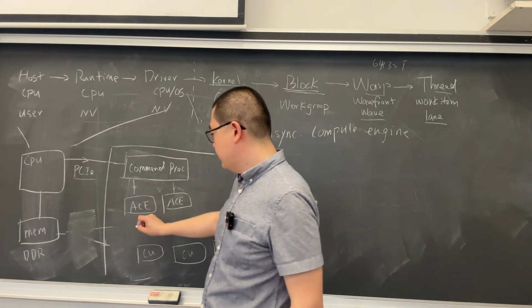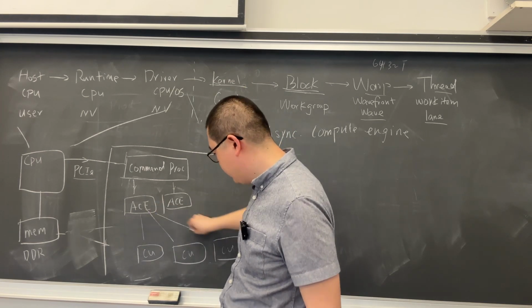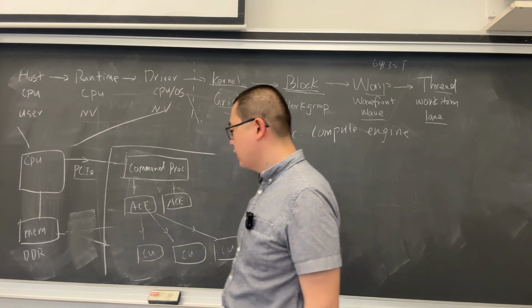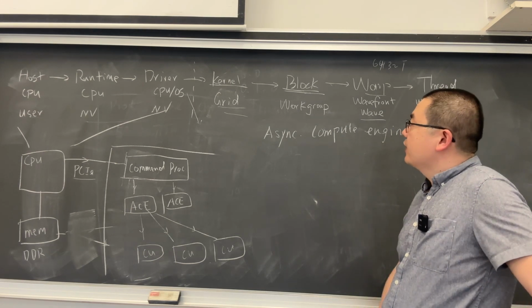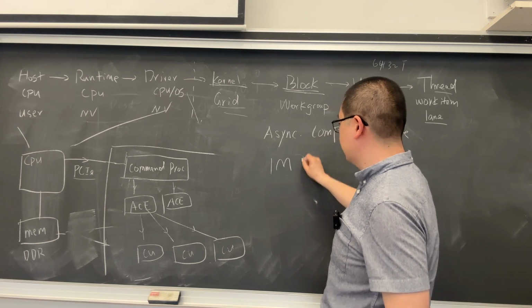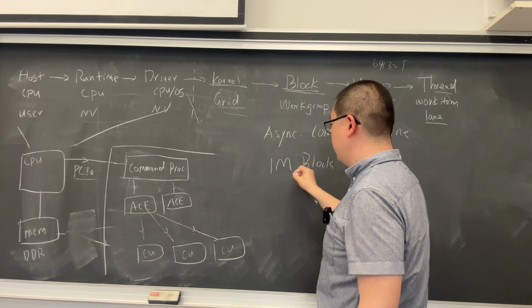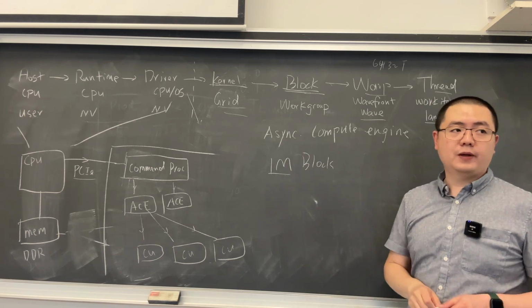So let's assume we only have one ACE, and this ACE will dispatch those blocks to the compute units. Okay, so imagine in a kernel, if we have 1 million blocks, this is totally okay, right? In theory, this is okay. There's no limitation on the number of blocks.